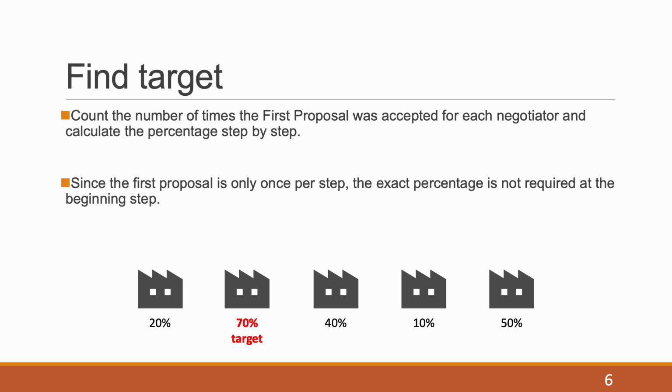To find a target, this agent counts the number of times the first proposal was accepted for each negotiator and calculates the percentage step by step. Since the first proposal is made only once per step, the exact percentage is not available at the beginning.